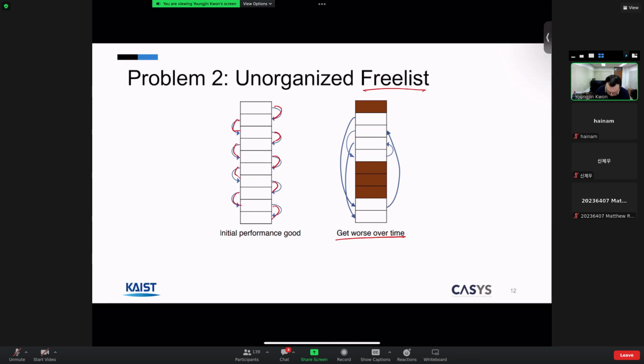Consequently, you have to jump over a large number of blocks to sequentially access the file. To have good performance, you need to allocate sequentially to reduce fragmentation. But the FreeList is not a good data structure for sequential allocation as time goes by.